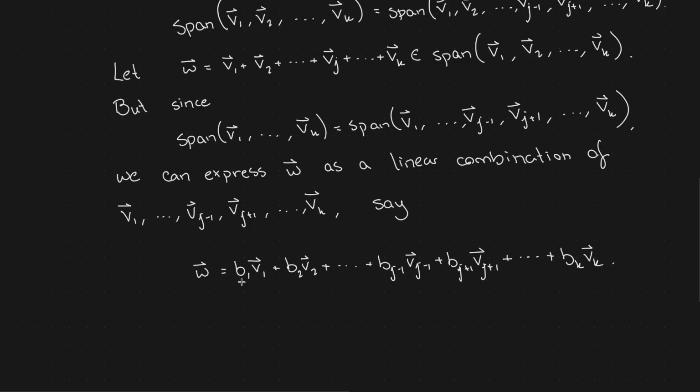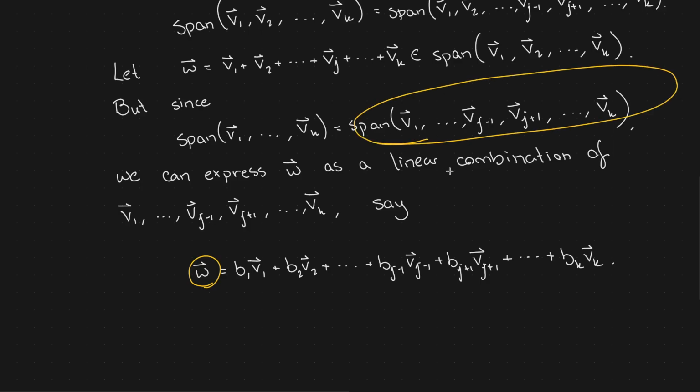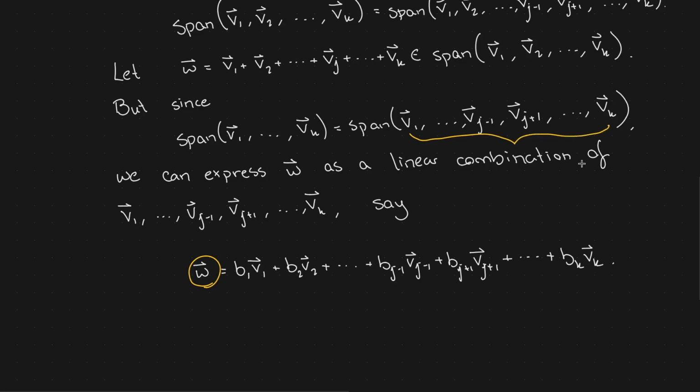Okay? Notice I don't know what the B's are. I don't need to know. But I do know that because W is in this span of vectors, I can express W as a linear combination of those vectors. That's what it means to be in the span, right? We are just using the definition of what it means to be in the span.